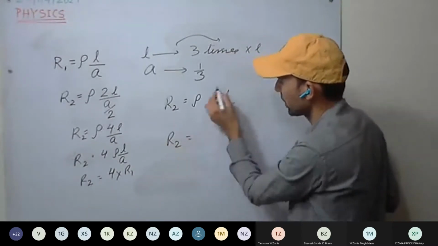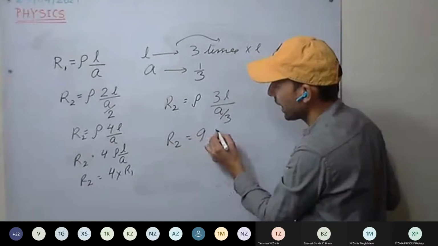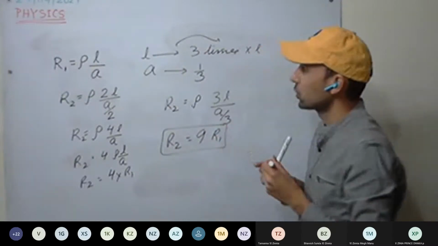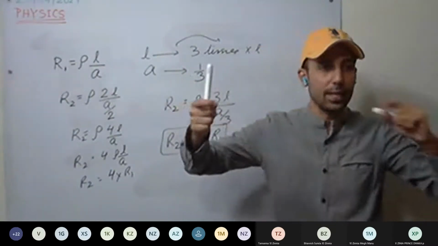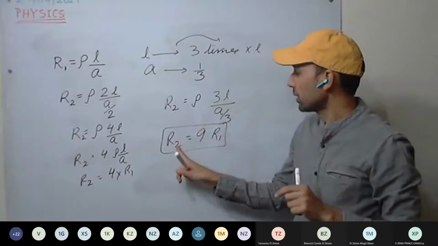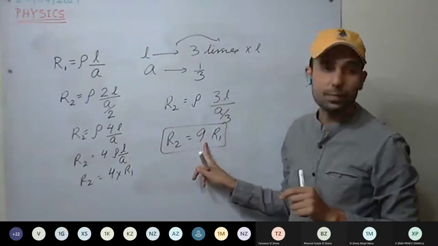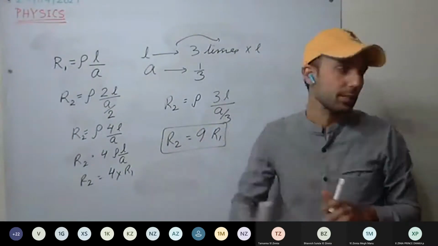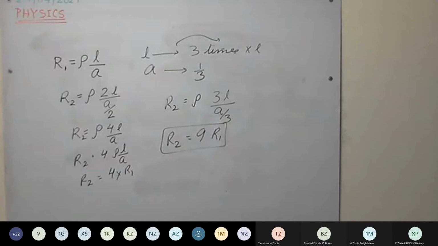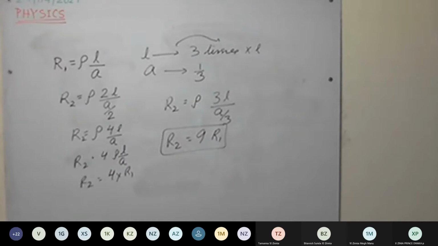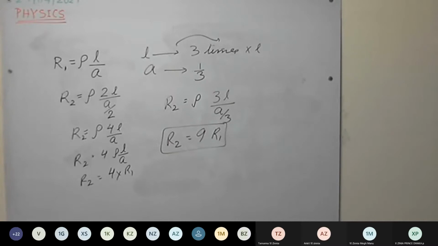R2 becomes 9 times R1. So if we make the length 3 times, the resistance will become 9 times. Understood? Yes, sir.